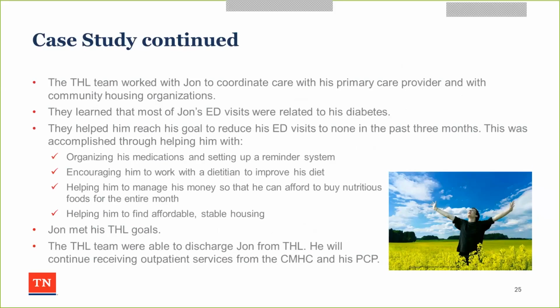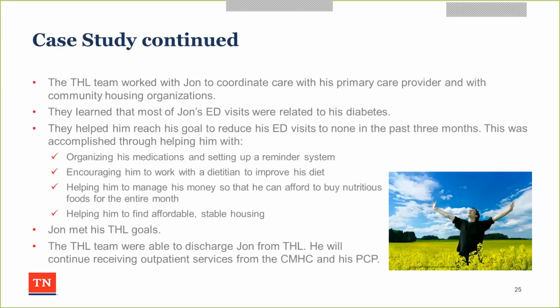They actually worked with him to get some understanding of nutrition and working with the dietitian to improve his diet. They also worked to set up a way to manage his money with a payer so that he could afford the health care that he needed and the foods that he needed and the housing that he needed. And then, of course, a big item was to help him find that stable housing.